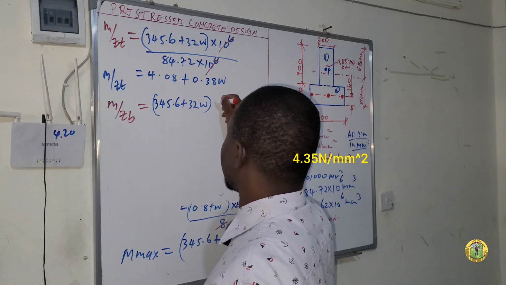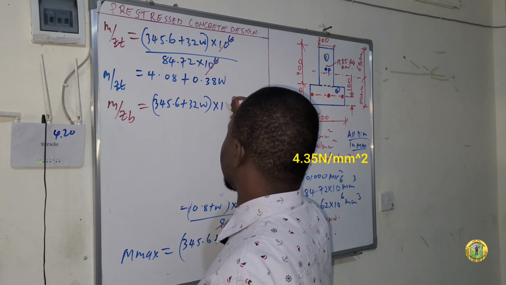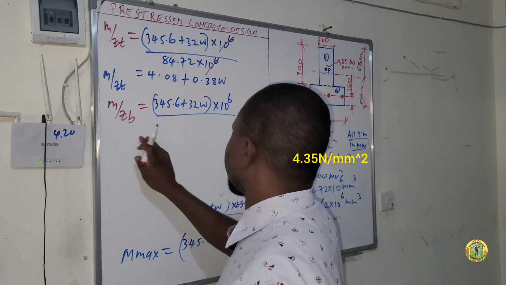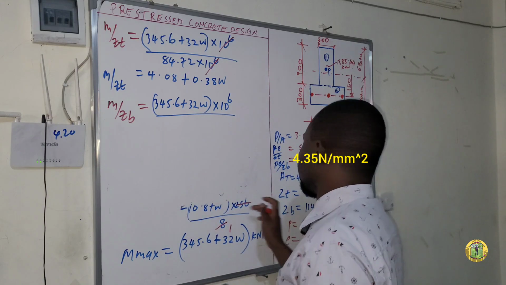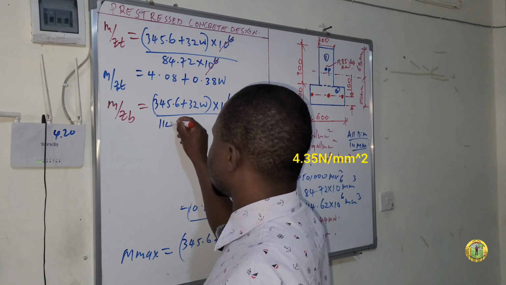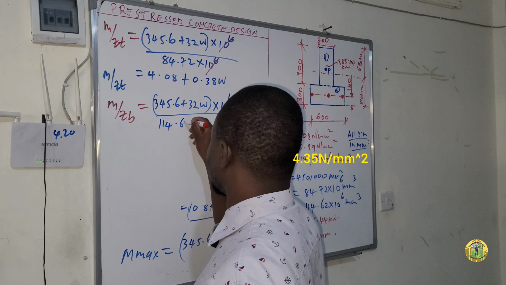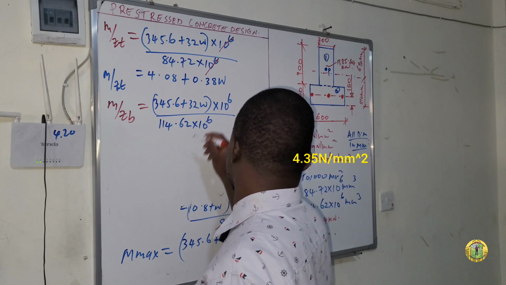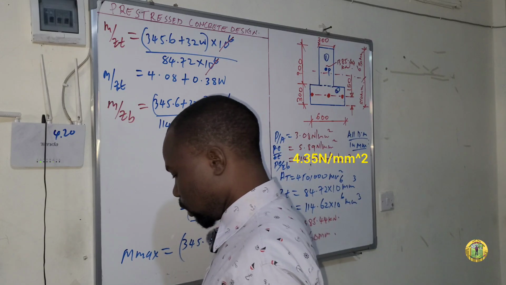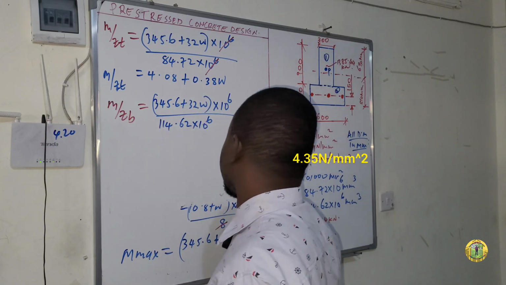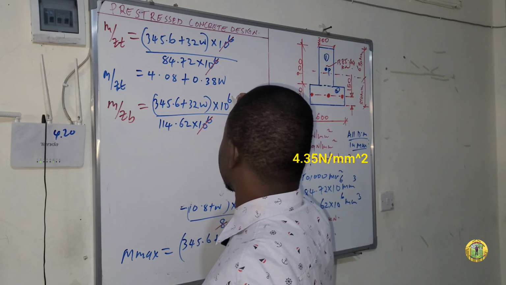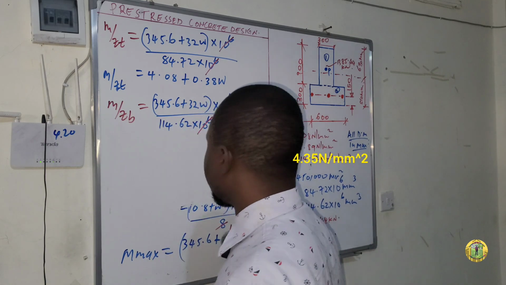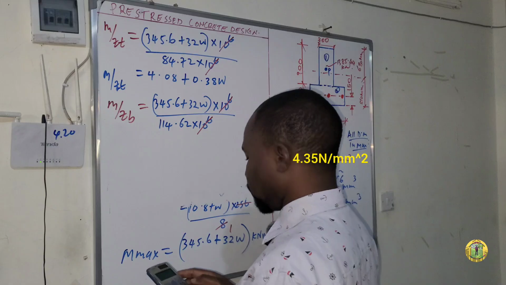Change it to Newton millimeter, so multiply by 10 to the power of 6, over Z bottom, which is 114.62 times 10 to the power of 6, such that these two will cancel. Then you divide each term by 114.62.